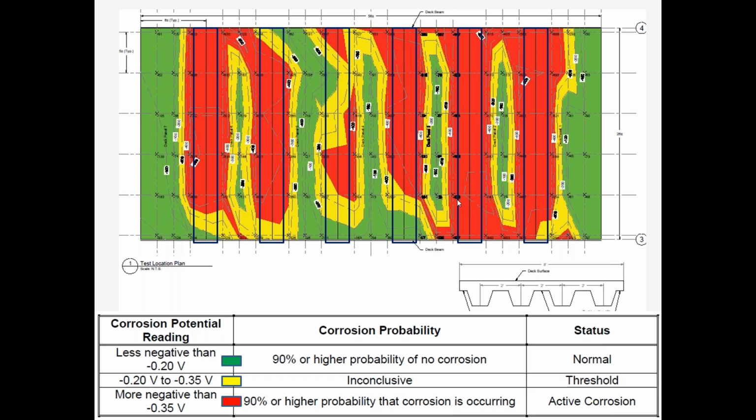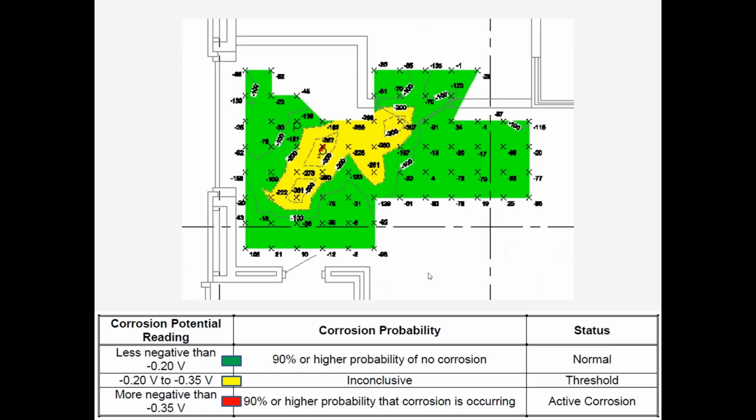If the joints aren't sealed right, there's water getting in. It's a parking garage. People are coming in with salt on their cars, and they're parking. All that salty, slushy snow is collecting on the deck and seeping in through these joints. And it was pretty obvious what was going on.